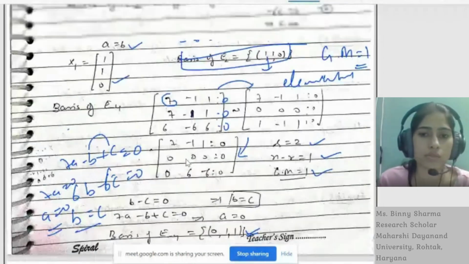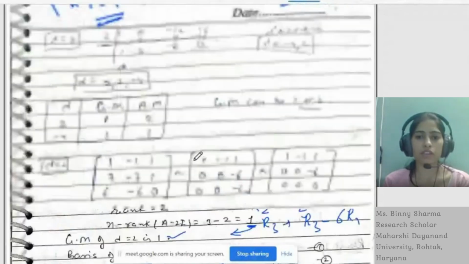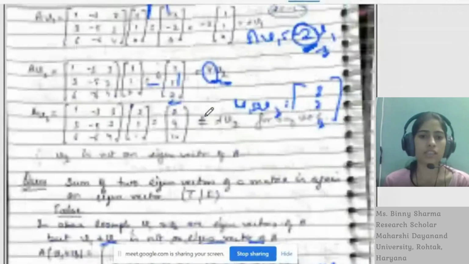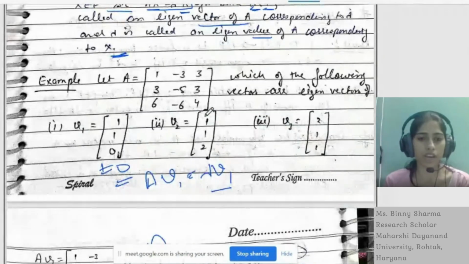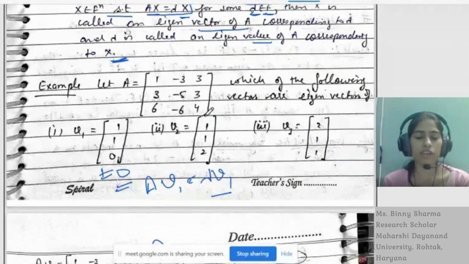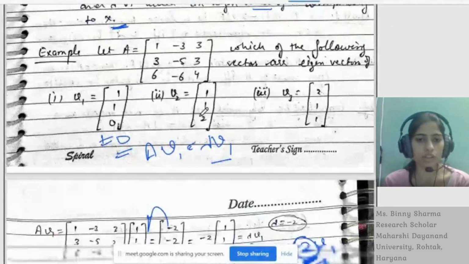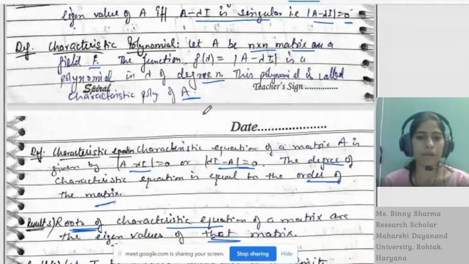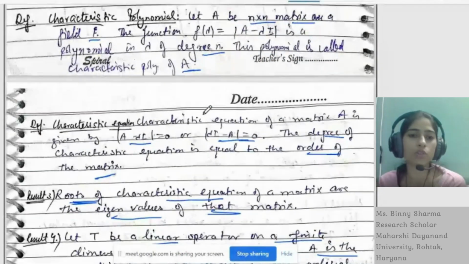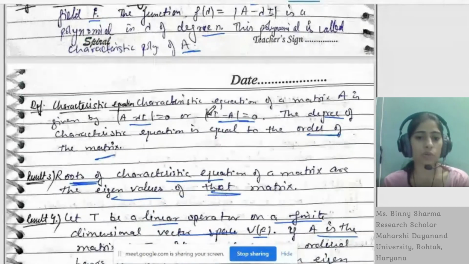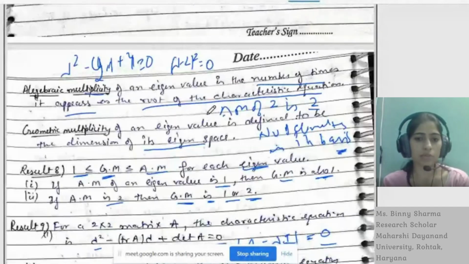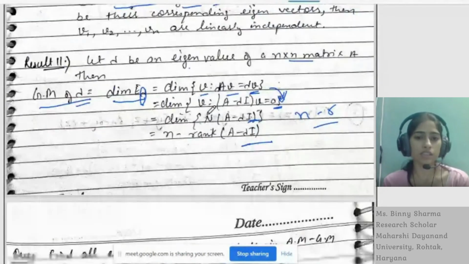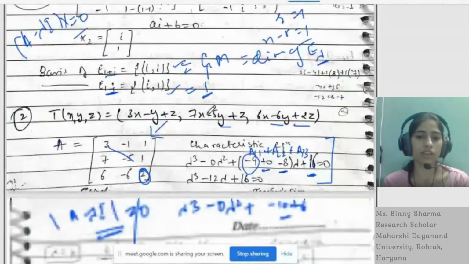So in the first part, we discussed how to check whether a vector is an eigenvector or not. In the second part, we defined how to find eigenvalues, eigenvectors, how to make the AM-GM table, and how to find the basis of an eigenvalue.